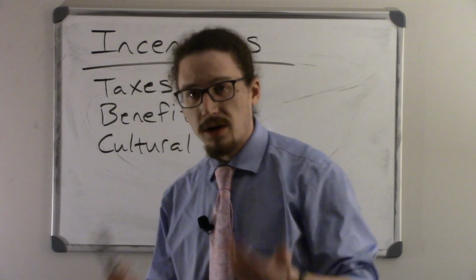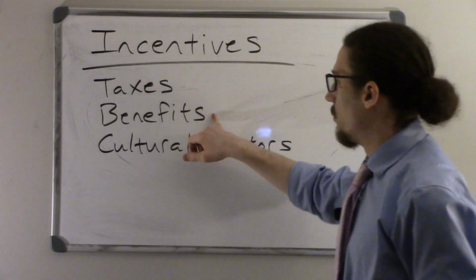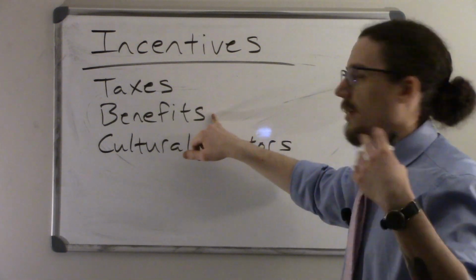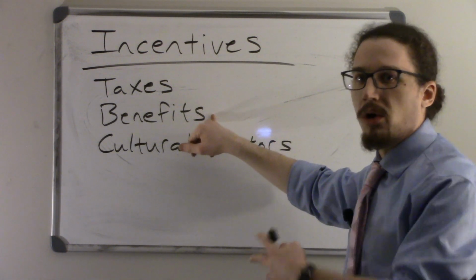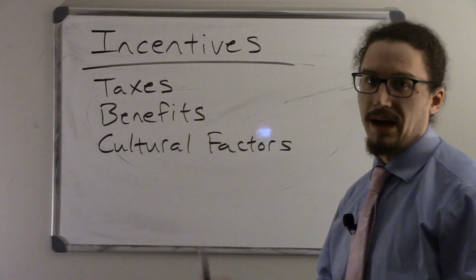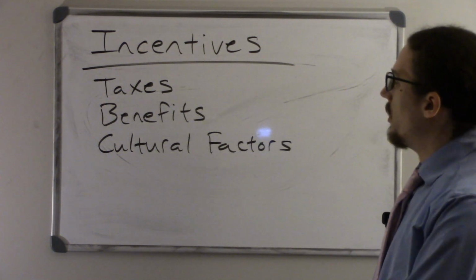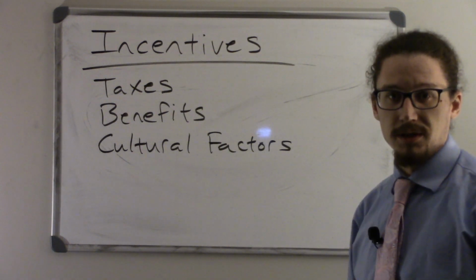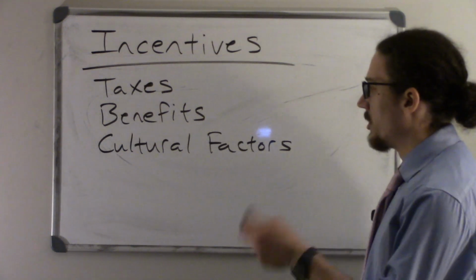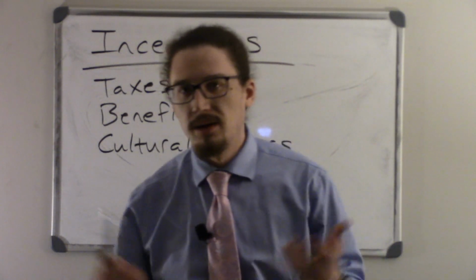If you can get unemployment benefits, or any other kinds of benefits when you're not working, then that makes not working more appealing. And so if you have high levels of unemployment benefits or things like that, then you might expect to see lower levels of labor force participation.